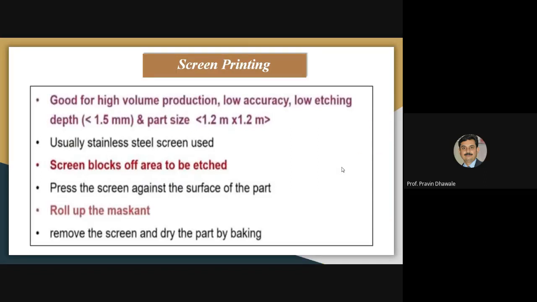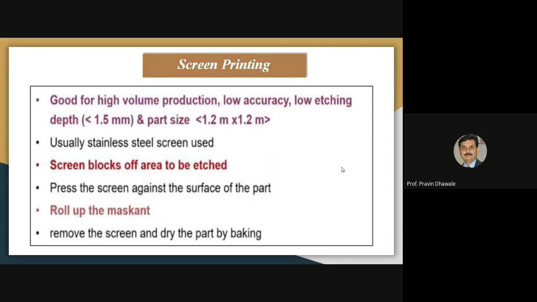Then screen printing is another method by which we can apply the maskant on a workpiece. It will be used for high volume production with low accuracy and less etching depth, up to 1.5 mm, and for small parts having dimensions of 1.2 meter length by 1.2 meter width.